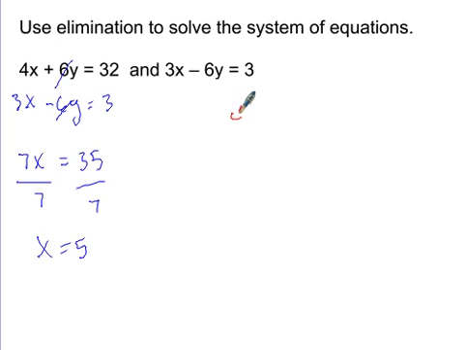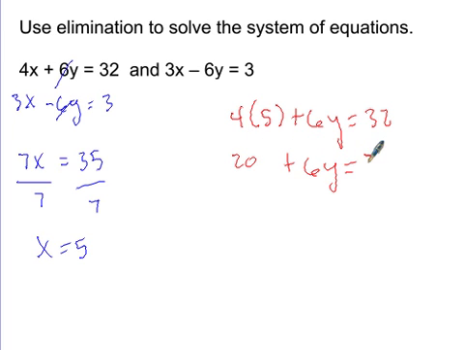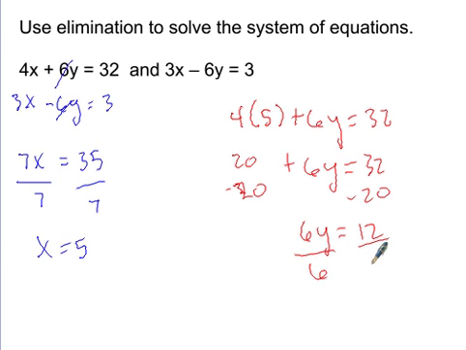So 4 times 5 plus 6y equals 32. Minus 20. So 6y equals 12. y is 2. Write your answer as an ordered pair. 5, 2.